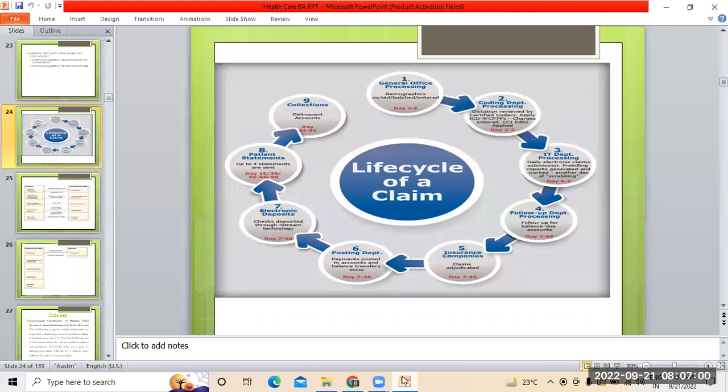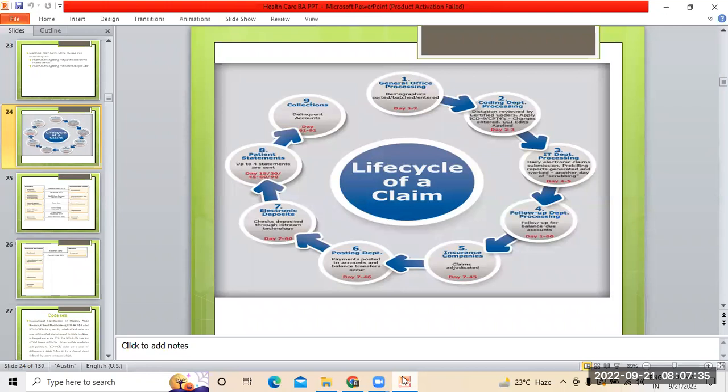So there are 9 different steps you see in the life cycle of a claim. The first step majorly focuses on the processing part, because the steps I'm mentioning here are irrespective of the type of claim we are performing, either Medicare or Medicaid, all that stuff.